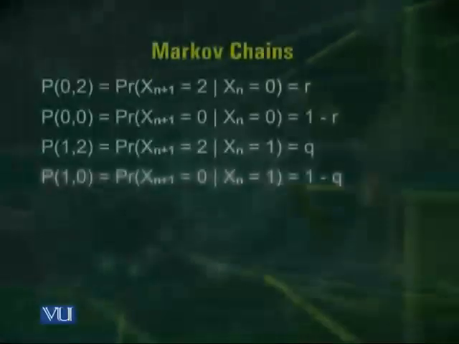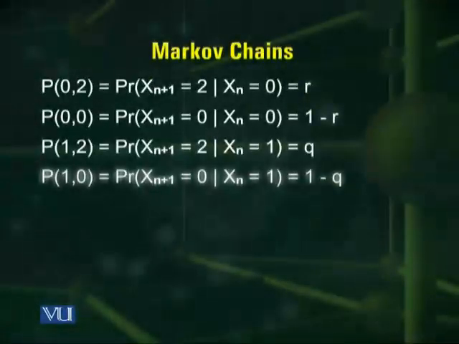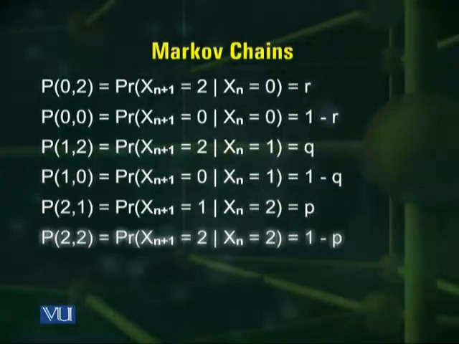And there are other transitions, 1 to 0, 2 to 1, 2 to 2, with corresponding transition probabilities. So there are only 6 transitions, and there are other 3 transitions which are 0. For example, the Markov chain does not stay in state 1. If the machine is sent to the local facility, either they repair it by next morning or they send it to the external facility.